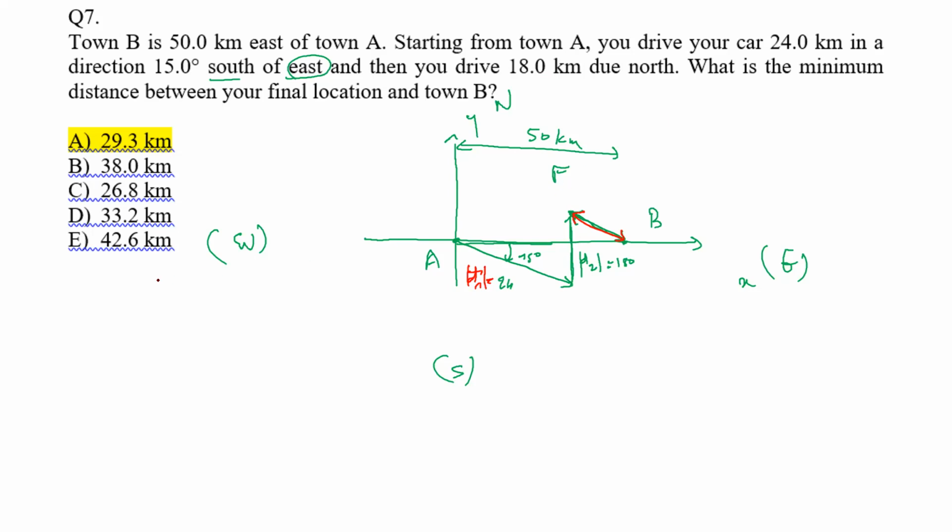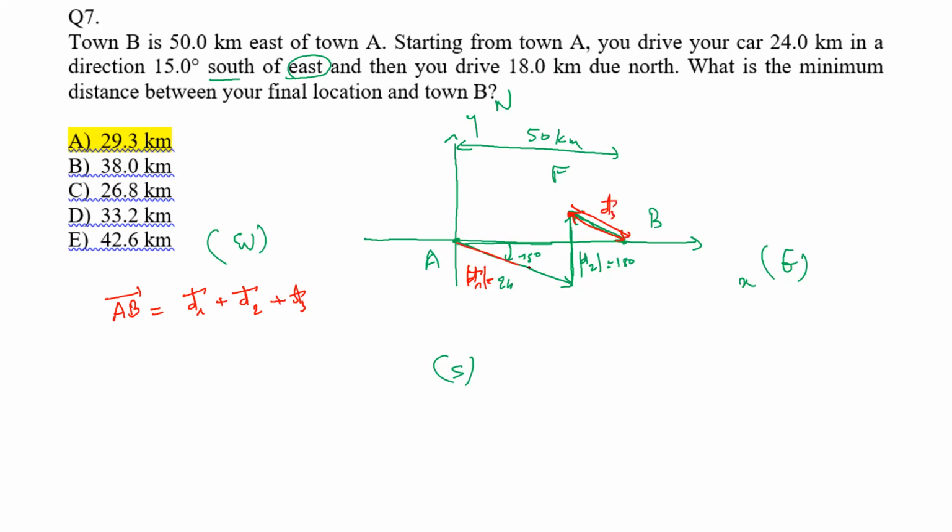I will say that the vector AB is equal to the first displacement plus the second displacement plus the third displacement. Now the third displacement, I did not draw it actually, but if I had to, it will be like this, D3.